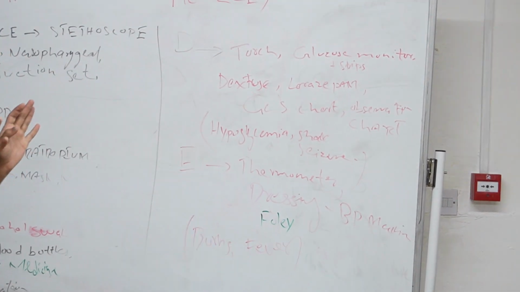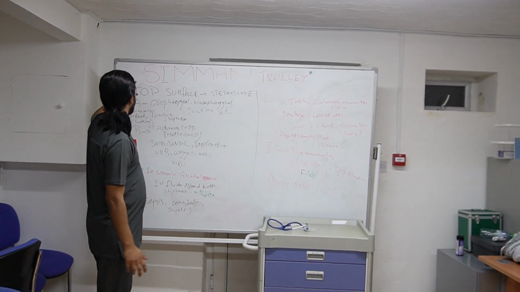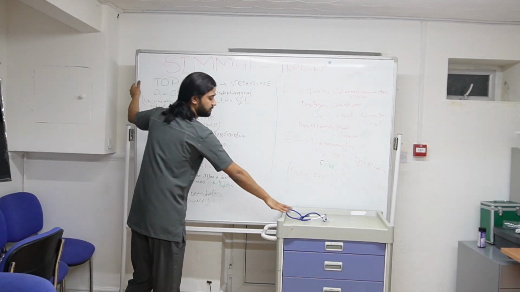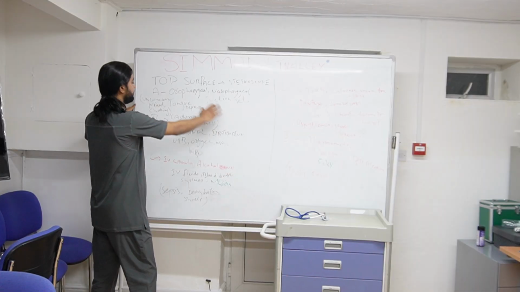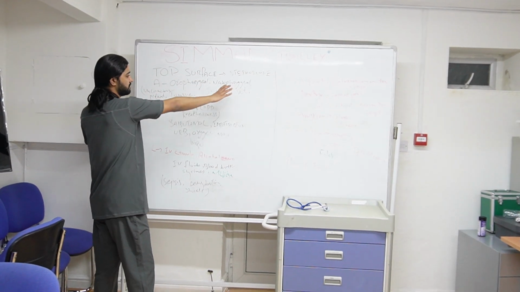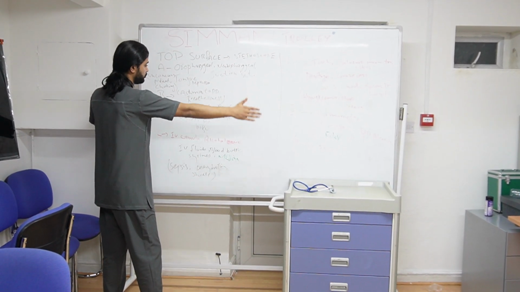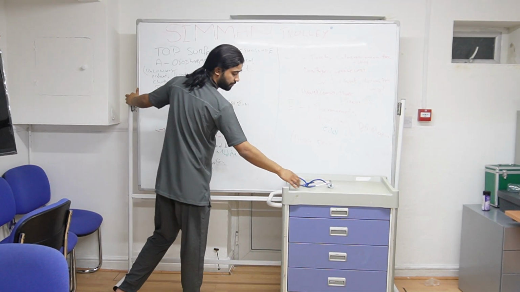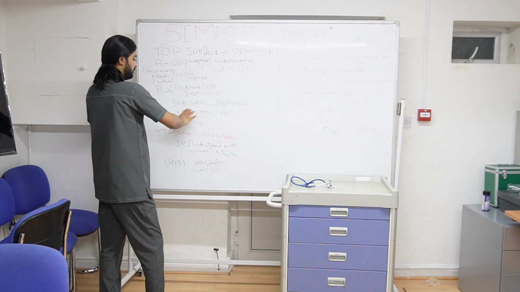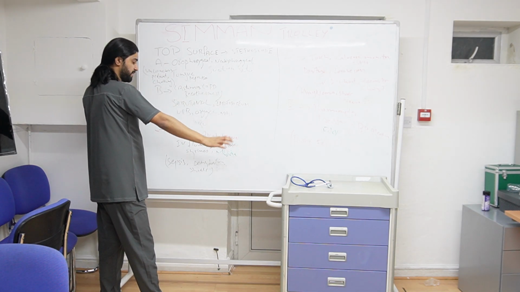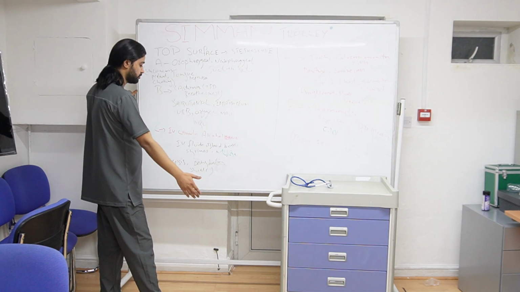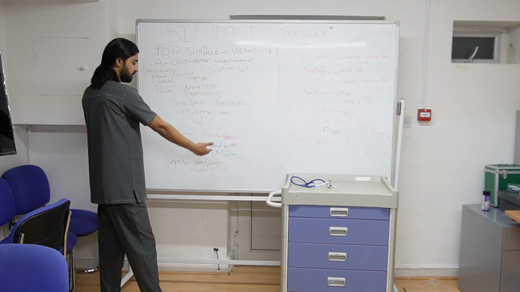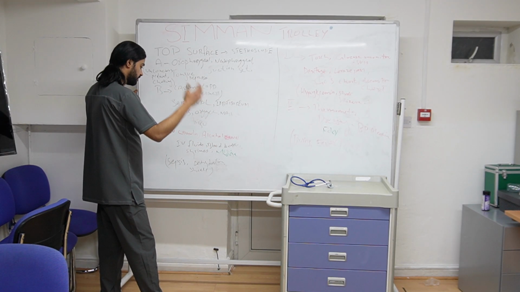So just a quick review now. Topmost surface will be having the stethoscope. Then A part, what else do you need in A part? Oropharyngeal, nasopharyngeal would be in A, the topmost row. Second row would be having salbutamol, ipratropium. If the stethoscope is not there, it would be in the second row. NRB, oxygen mask, everything would be here. Then in the third row, IV cannulas, alcohol swab, IV fluid, blood bottles.